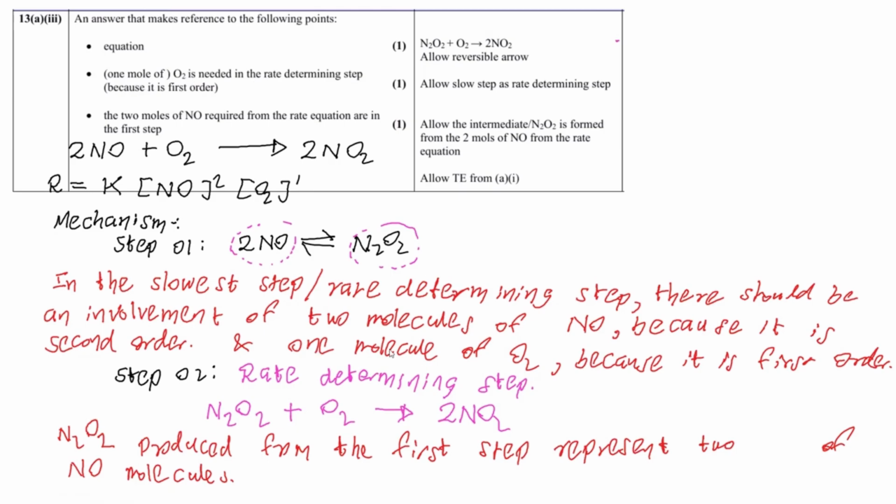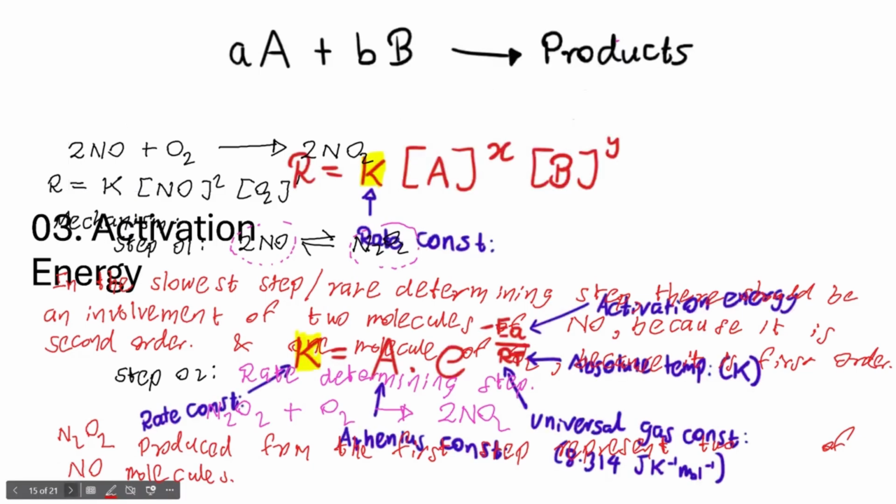Yes, we mentioned that 1 molecule of O2 is needed, because 2 moles of NO required for the rate equation are in the first step. So N2O2 produced from the first step represents 2 NO molecules. Yes, you will get marks. No issues with this one. Right, let's go for the next one.